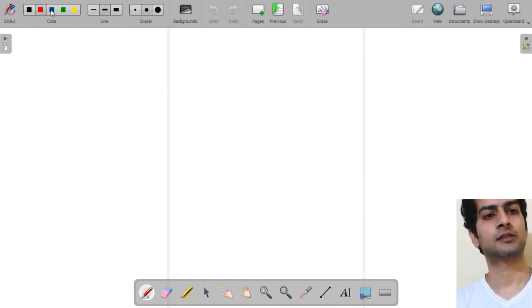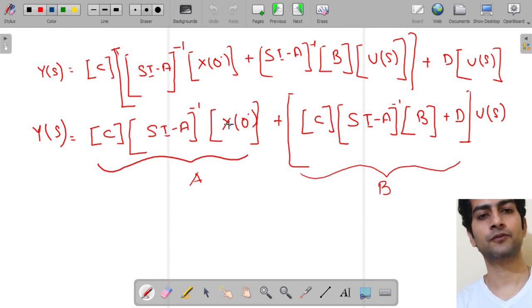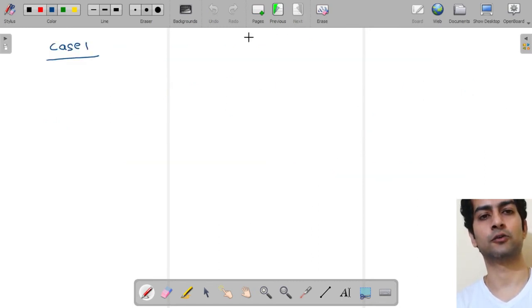Let's discuss case 1. In case 1, suppose the initial condition is 0 and input is applied.